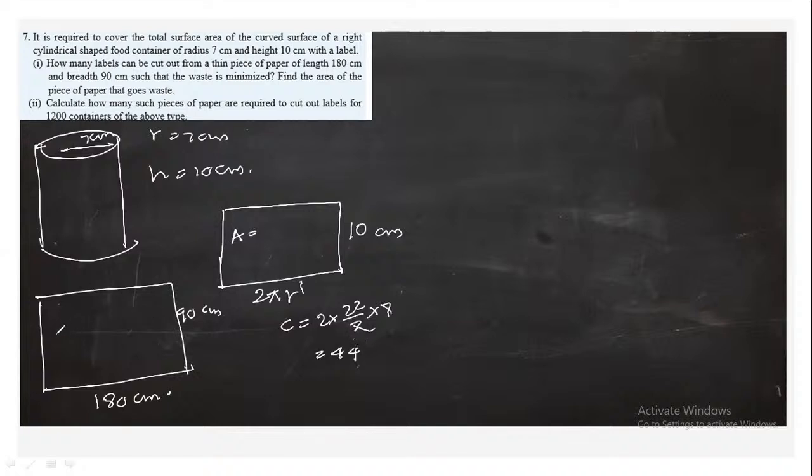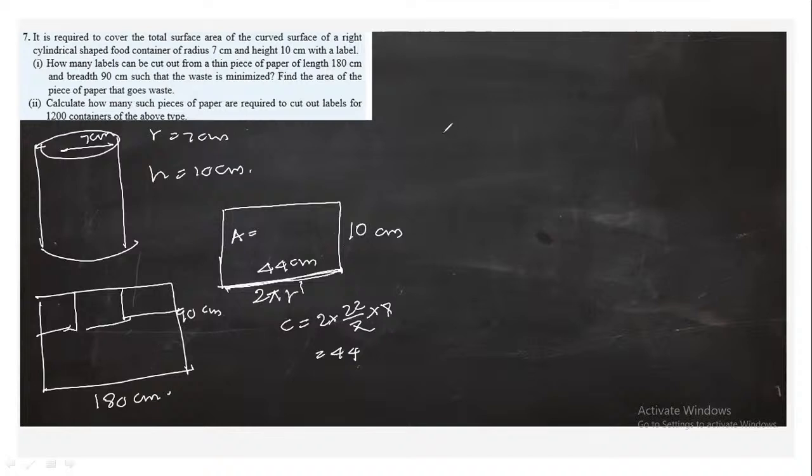So when we are cutting 44 like this, maybe nearly 3 parts we can cut to this side. Now here, number of labels along length. You understood this length is 180. One label's length is equal to the circumference, 44 centimeter. Height has been given, right?